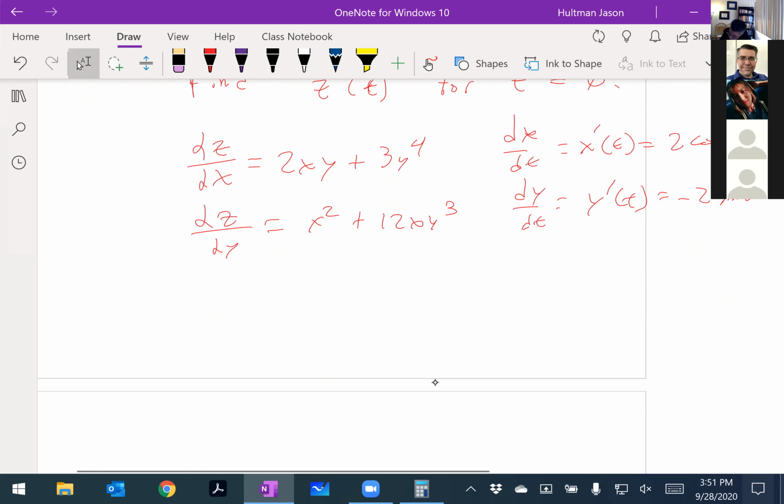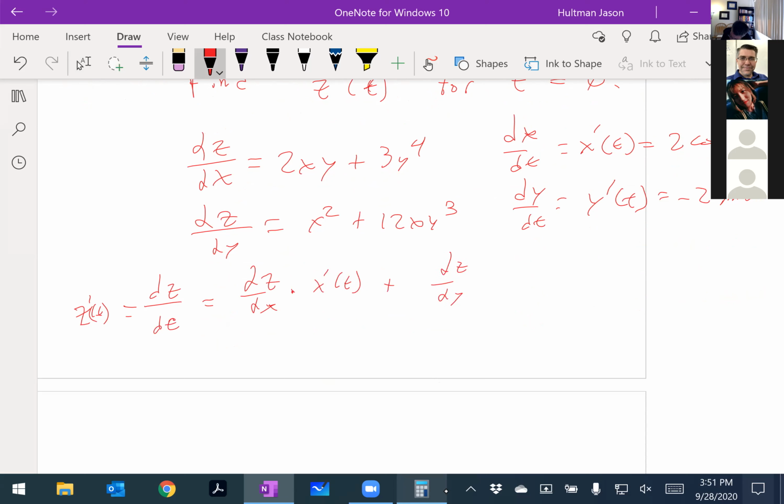Now let's put this all together. dz/dt, or what we're calling z prime, is going to be equal to the partial dz/dx times x prime of t, plus dz/dy, or the partial of z with respect to y, times y prime of t.